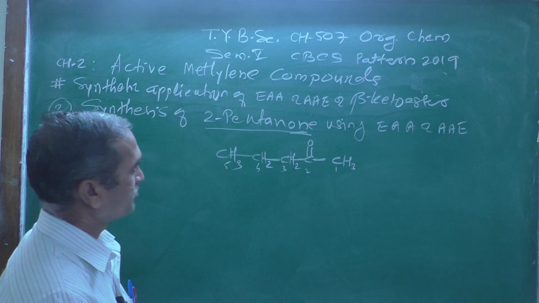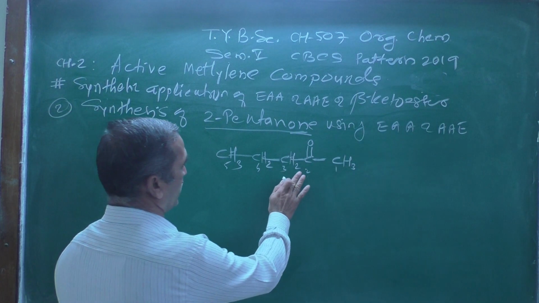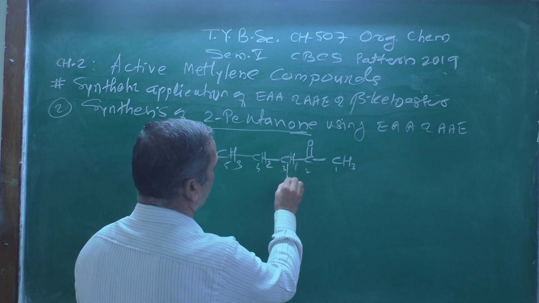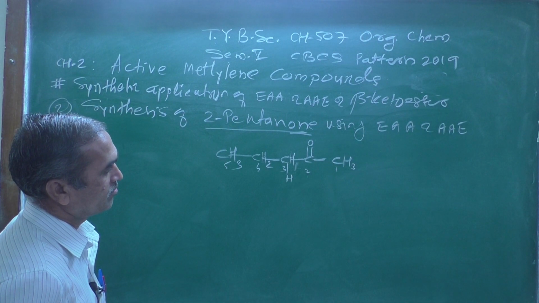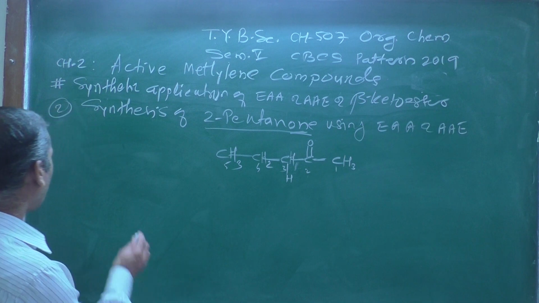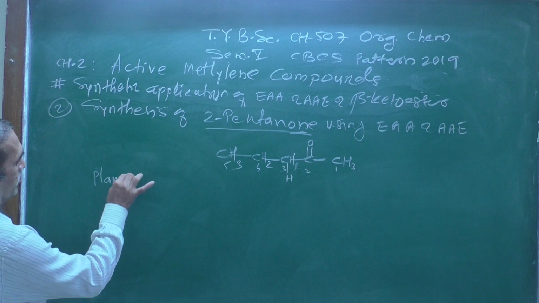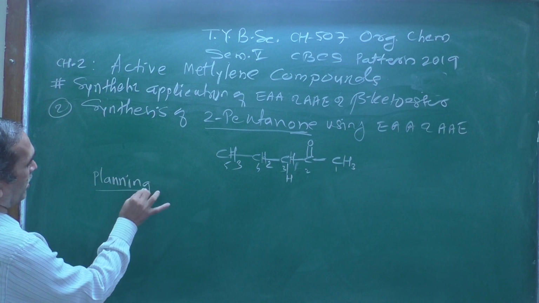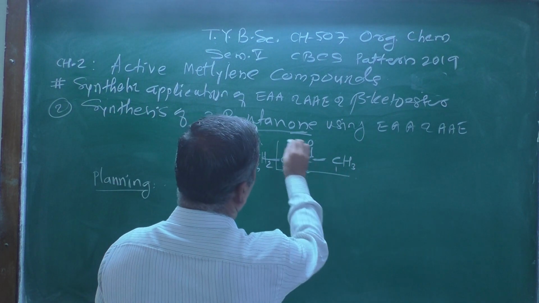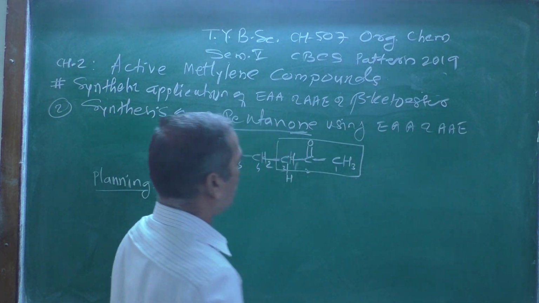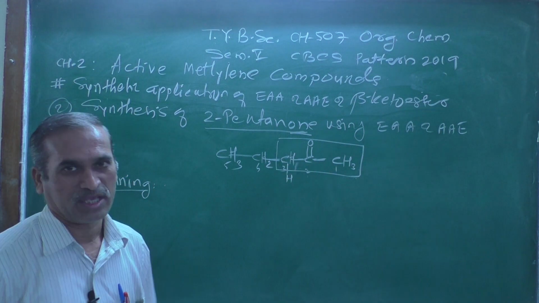Once you draw this structure, let me make this structure like this for sake of convenience. Now what is needed? Planning. In the planning, I am marking and highlighting this part of the molecule, CH double bond O CH3.